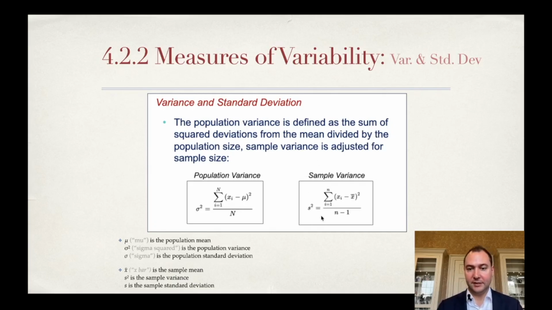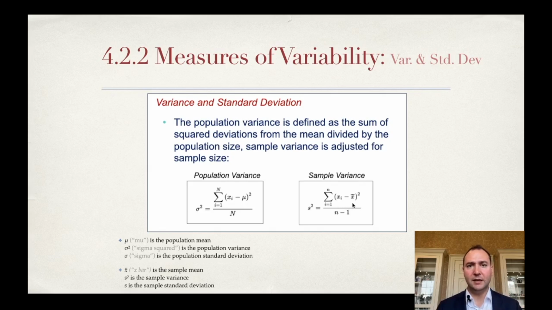The sample variance includes xi, again. Xi is representing each individual value in our data set. X bar, if you remember, is representing the sample mean. So this part of the equation is simply the sum of every individual value minus the sample mean.